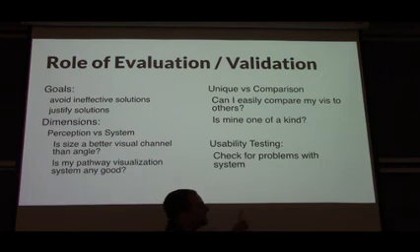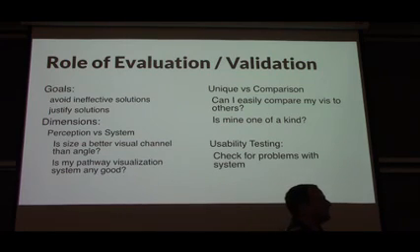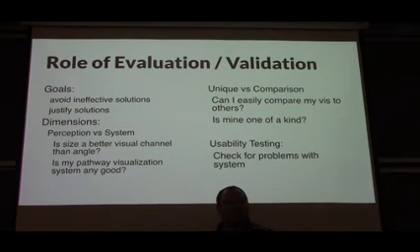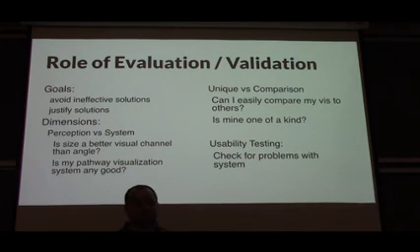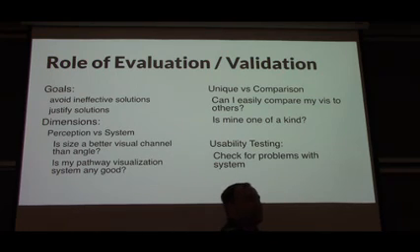And then there's this other dimension, unique versus comparison. This also applies mainly to systems. Can I easily compare my visualization to others? Am I the fifth graph visualization or graph layout algorithm? I can easily make comparisons. Or did I create something that is unique of a kind, where there isn't anything comparable?